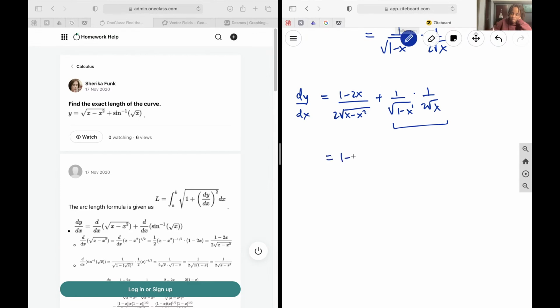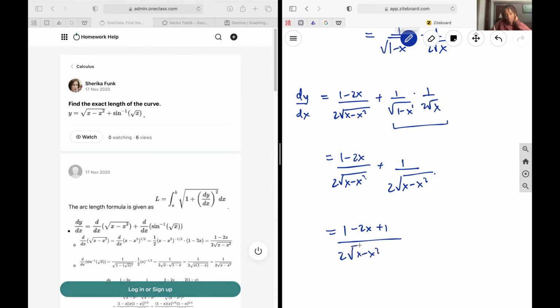And this will become 1 minus 2x over 2 into root x minus x squared, plus 1 over, I'm going to keep the 2 outside and then multiply what is inside the square roots by each other. So x by 1 minus x will give x minus x squared. And so I can see I have the same denominator here, so I can just add these two and it'll become 1 minus 2x plus 1 over 2, multiplied by the square root of x minus x squared.